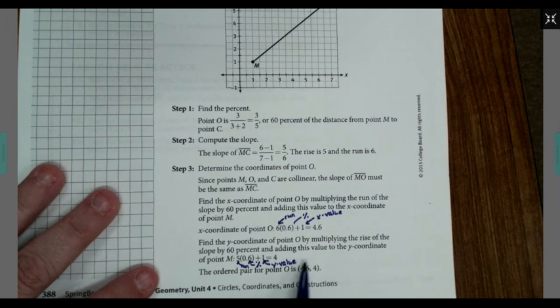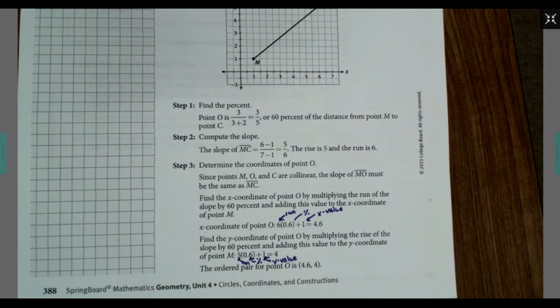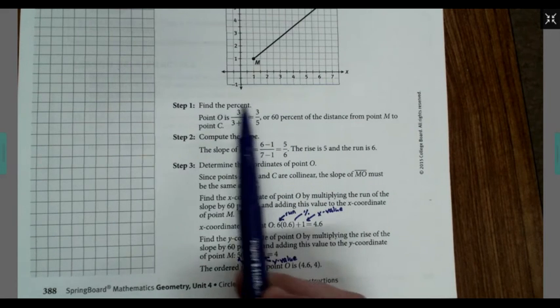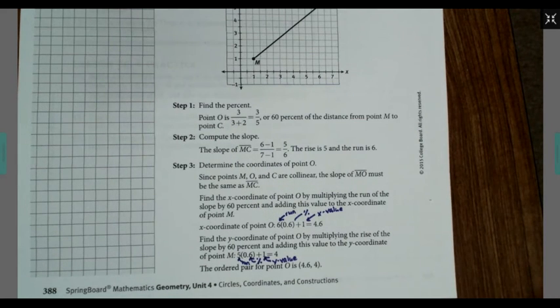So the ordered pair is going to be 4.6, 4. This is very similar to the way that I worked this in question 4. I added back to the initial amount. The only thing I didn't do was I didn't find a percent. I just divided by 4. So we would have done a multiplication of 0.25.